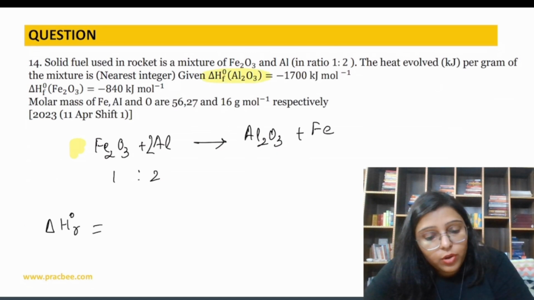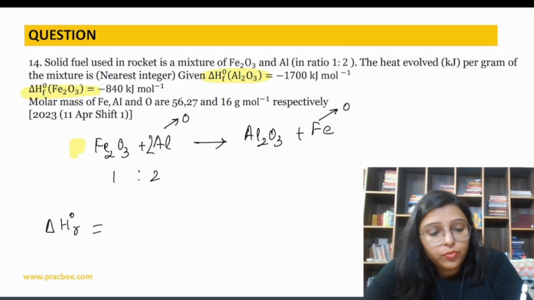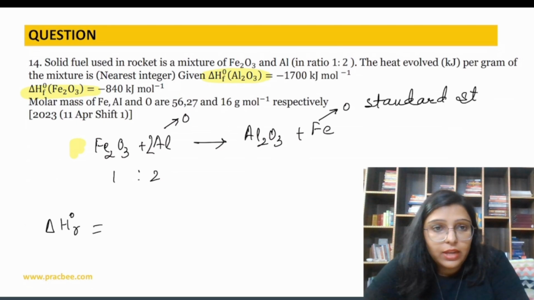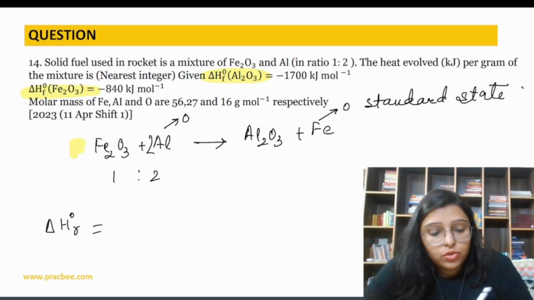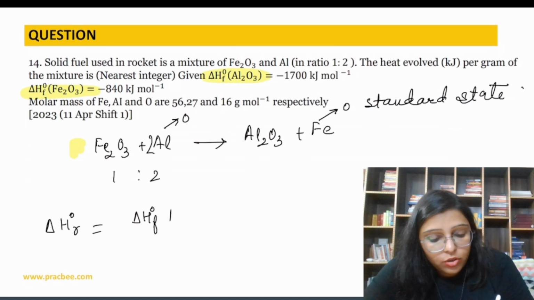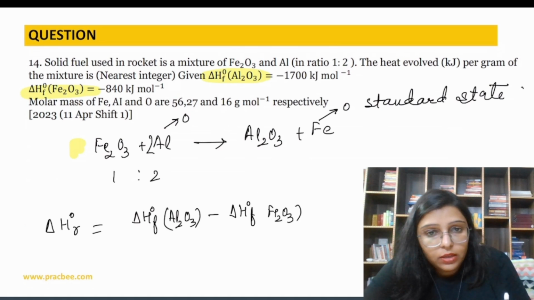In the question, formation enthalpies are given. The formation enthalpy of aluminium is 0 and of iron is 0, because they are in the standard state. So delta H naught reaction is delta H naught formation of Al2O3 minus delta H naught formation of Fe2O3.